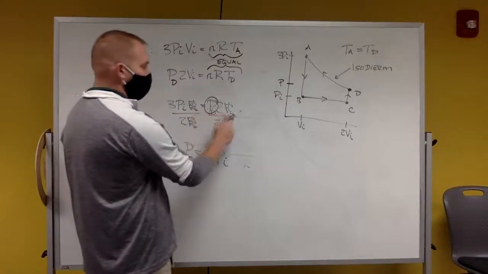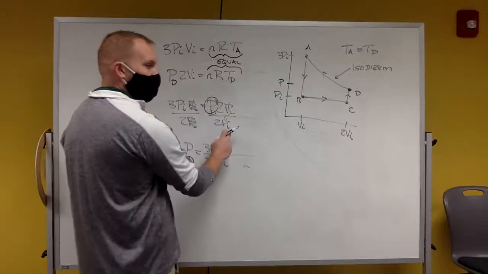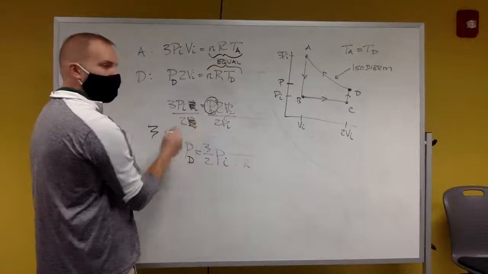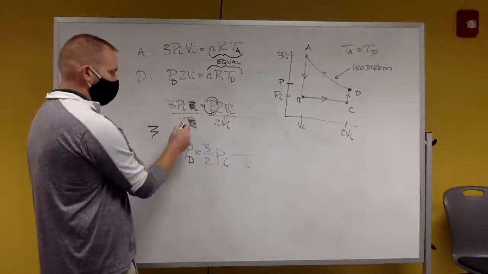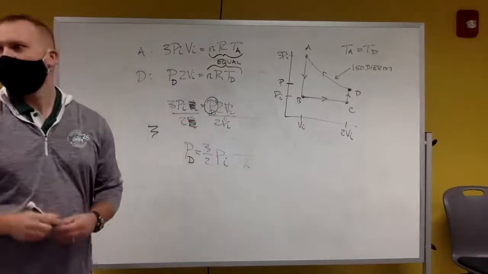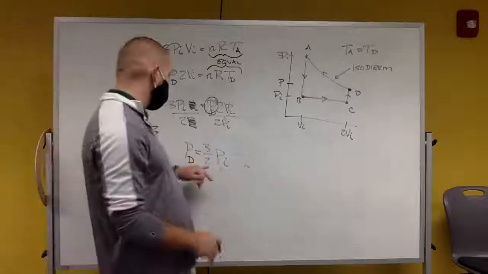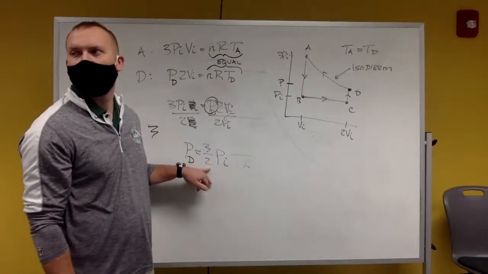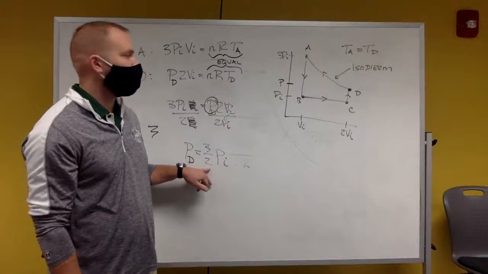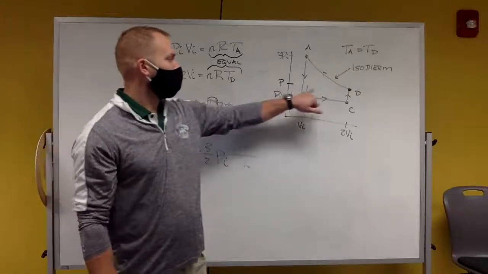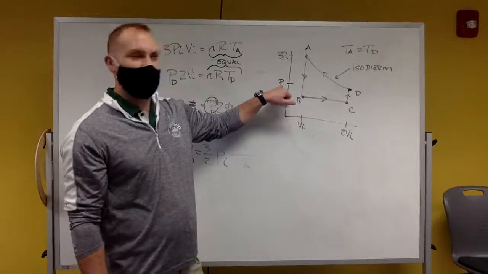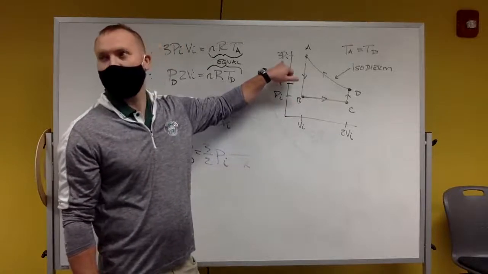So I divide each side by 2 VI. The VI's here go away, and I'm left with 3/2 PI. Why does 3/2 make sense? Based on my graph, this is PI, so it better be bigger than 1, but it better be less than 3.